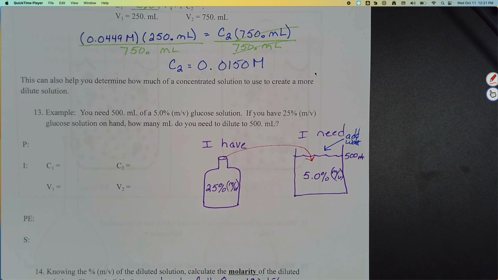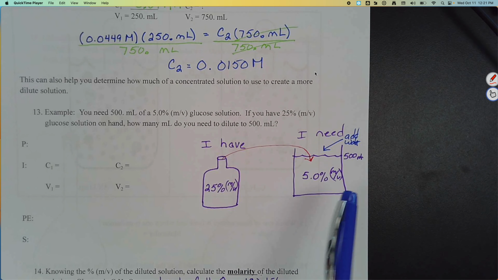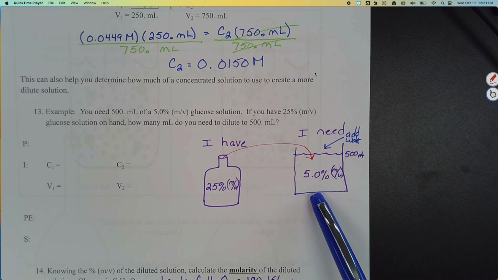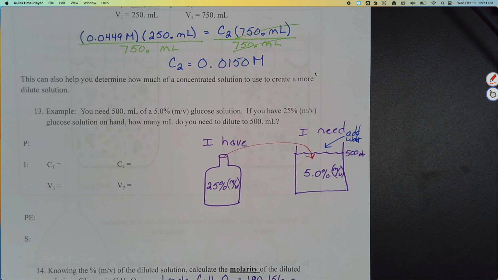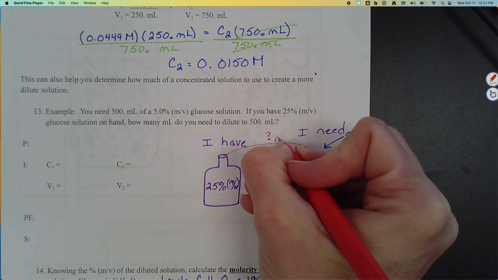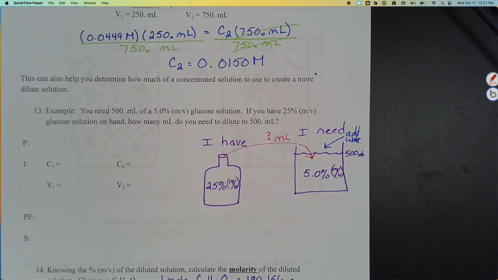And when I get all done with the pick up and pour and add water operation, this needs to have a total volume of 500 milliliters and have a concentration of 5%. The real question here is, when I pick up and pour, how many milliliters shall I pour out of that bottle such that when I add the water, I end up at 500 milliliters right at the moment that that's got a 5% concentration.